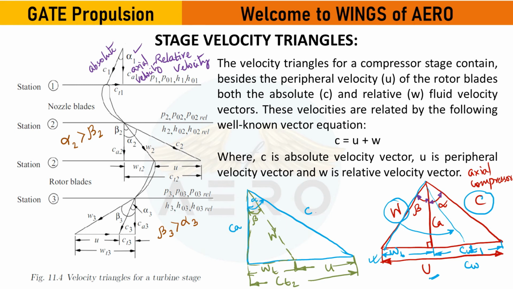Okay. In a similar way it is formed in station 3. Now here beta 3 is higher, so first I will draw this triangle.